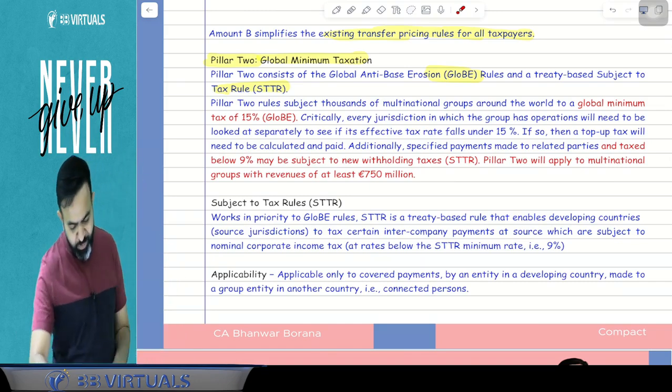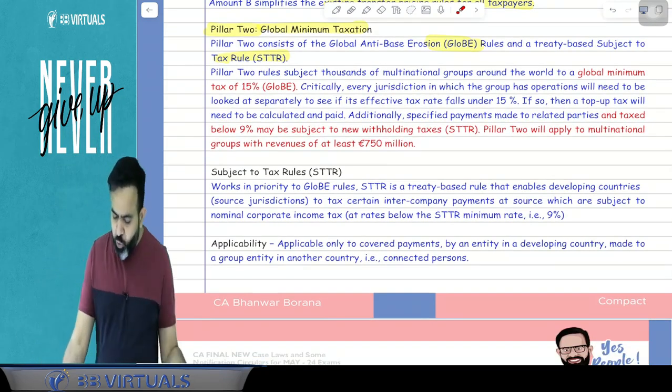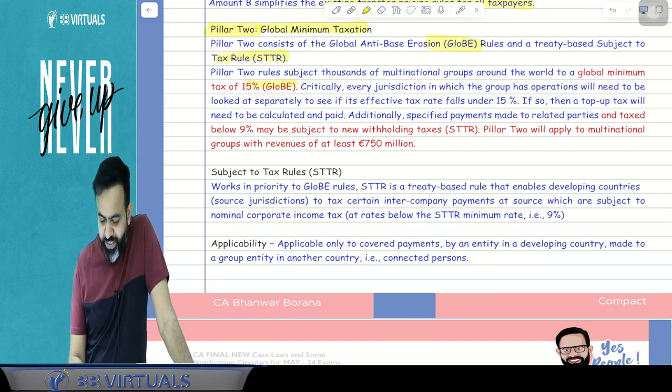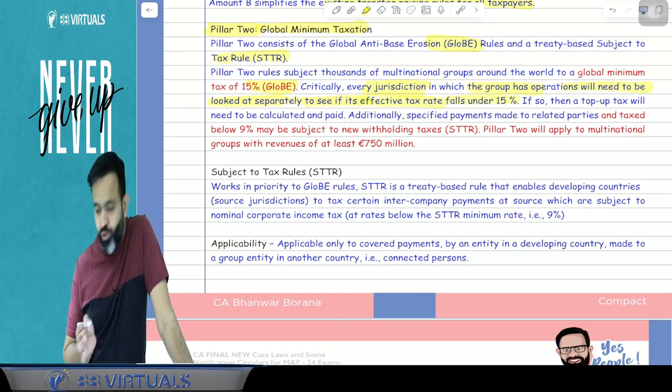Now what this point says, try to understand. Pillar 2 rules subject thousands of multinational groups around the world to a global minimum tax of 15%, or you can say the GloBE rule. Critically, every jurisdiction in which the group has operations will need to be looked at separately to see if its effective tax rate falls under 15% or not.